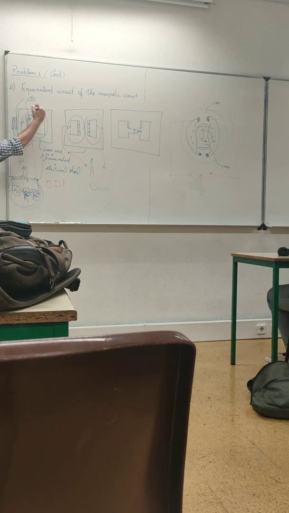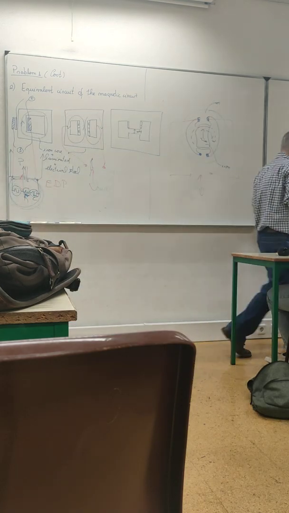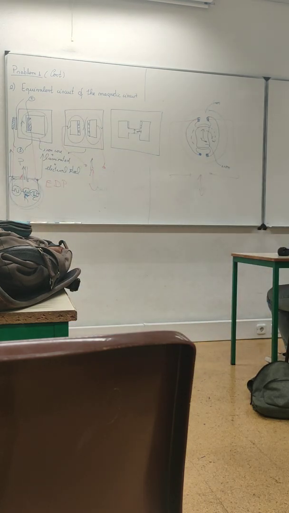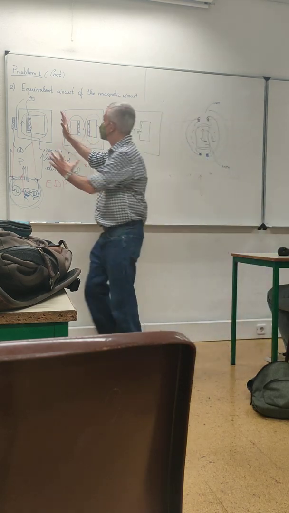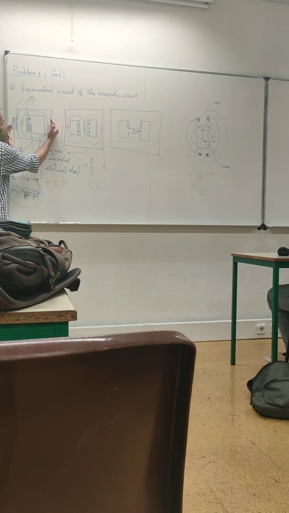And you can connect to another reality that is the magnetic circuit. Why do I need to represent these by an electric equivalent circuit? Because if I have all my system represented as an electric equivalent circuit, it's easier to simulate. You can see this, for example, in the power grid. Thousands and thousands of nodes and so on and so on.